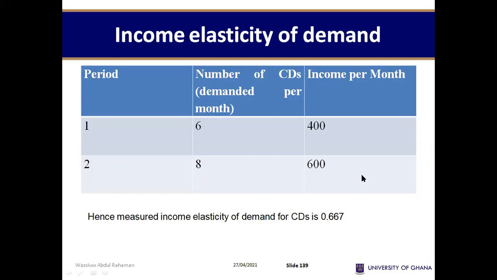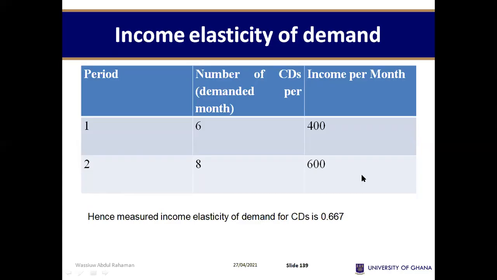So you are asked to calculate the income elasticity of demand. In this case, it is not specified, so just go straight away and use the percentage change in quantity demanded divided by the percentage change in income.